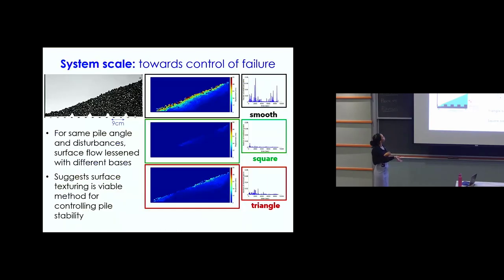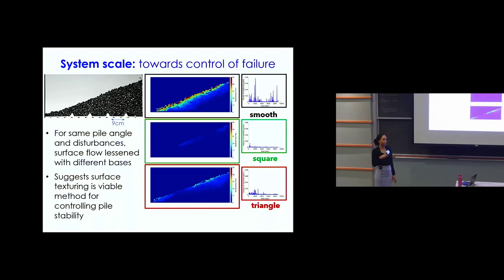So here's an example of what we've observed so far. We've tried two different basal shapes. To compare with the smooth surface, we have a base that has square pillars and a base with triangular pillars. And here I'm showing color maps with the same scale of the type of flow behavior that was observed in each of those cases.